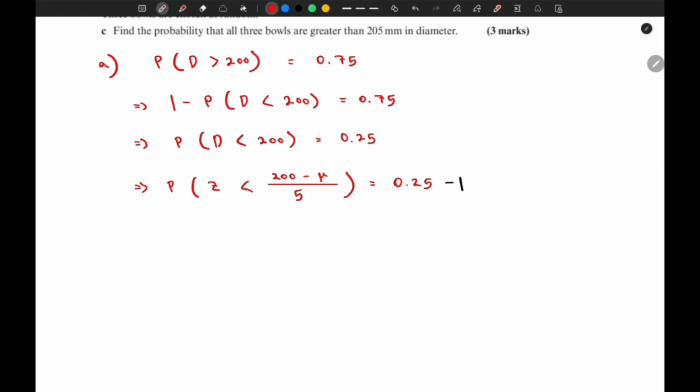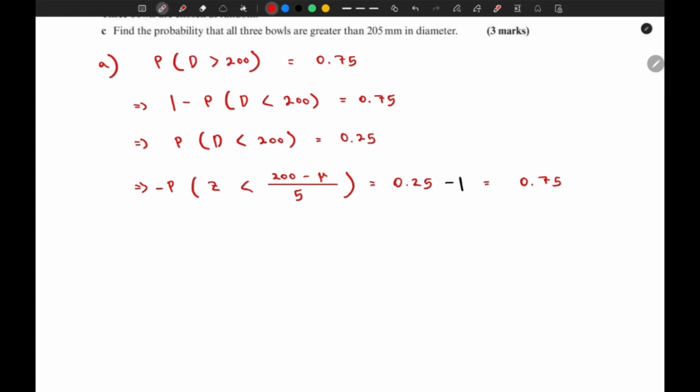If you subtract 1, you will get negative 0.75. Now since there are no negative values for probability, you can take this negative sign and move it to the left hand side of the equation. So it can be written as minus b. Now we know that the probability is equal to 0.75.